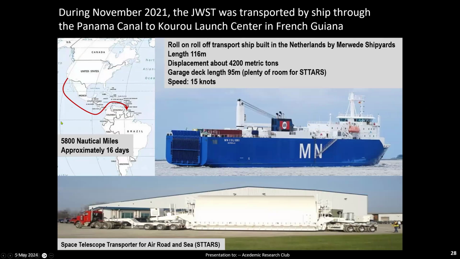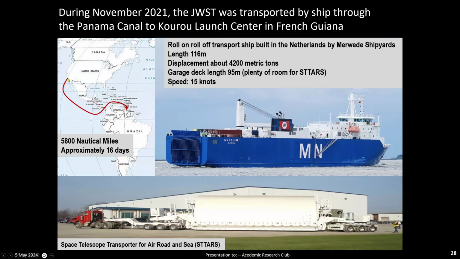When we finally got the telescope optics built and assembled, and we got all the science instruments mounted to the telescope and the spacecraft put on the telescope, it was then too big to fly in any kind of cargo aircraft. And so we had to put the Webb onto a special roll-on, roll-off transport ship.